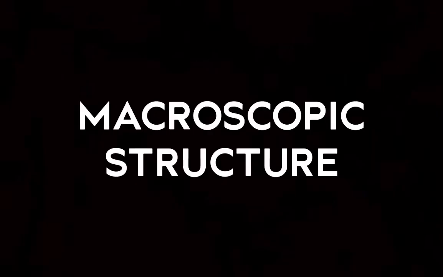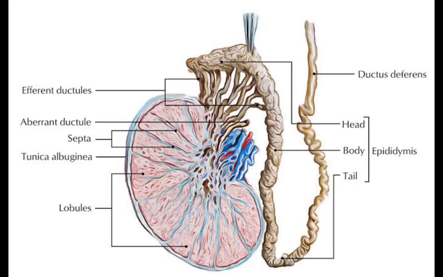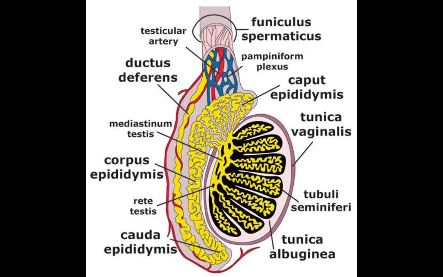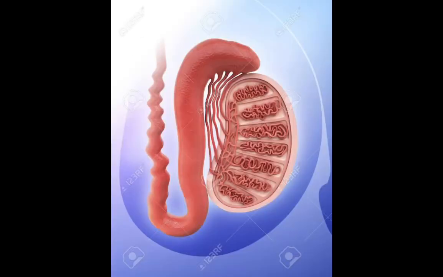Now the macroscopic structure. Now you all know that this testis is divided into 200 to 300 lobules by the projection of the tunica albuginea into the organ, the testis, and divides this entire testis by the fibrous septa into conical shaped lobules, and these lobules are about 200 to 300. Now each lobule of testis contains 1 to 3 seminiferous tubules and interstitial cells of Leydig.